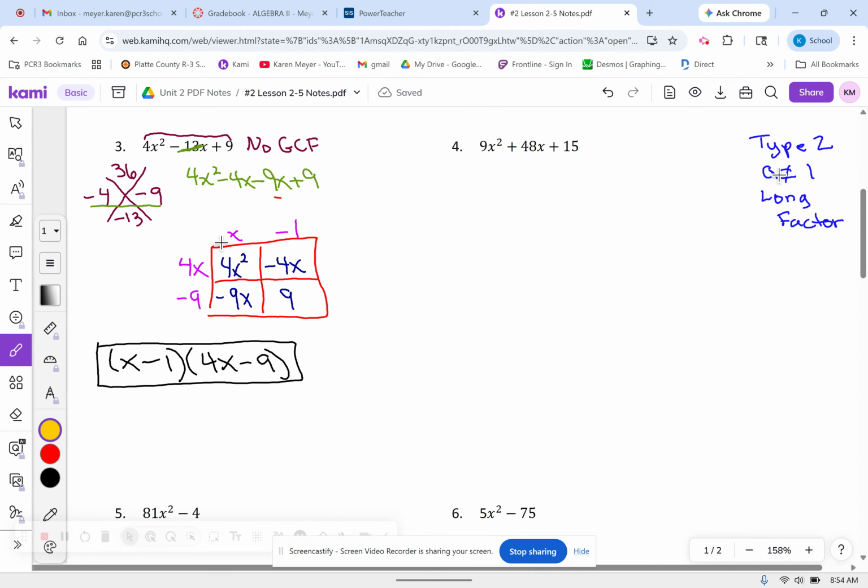You could never have a negative around the x's. So always have an x around the first box here, and they always have to be positive. Negative signs will be with the plain numbers. So you could have a negative sign with the plain numbers, which are in the second slots.